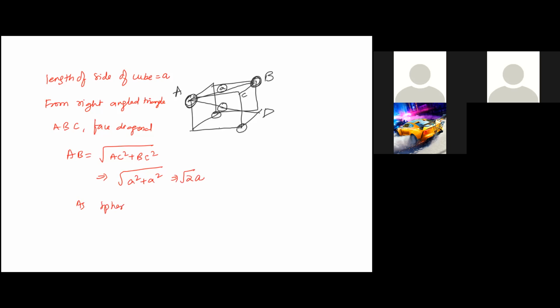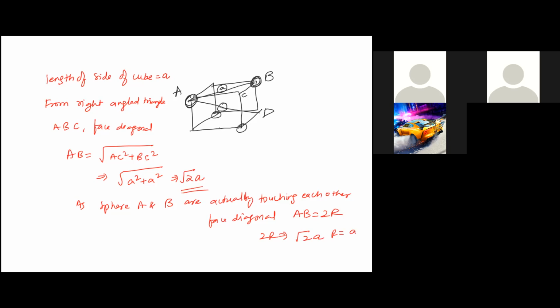As spheres A and B are actually touching each other, in the diagram we actually draw in a smaller size, as both of them are touching each other, your face diagonal AB is equal to 2R. So 2R is equal to root 2 a. That is what we got for AB. So R is equal to a by root 2.